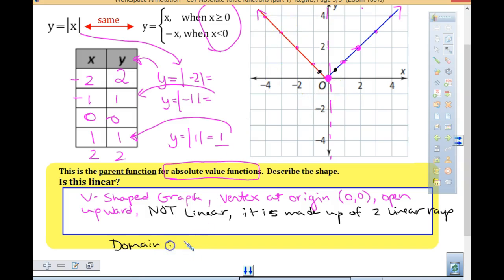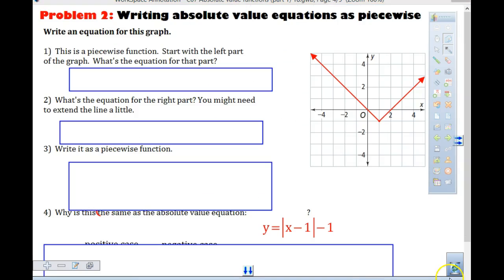So our domain, our x values, all real numbers, right? What's our range? Where y is greater than or equal to 0 for this one, right? It doesn't go below this 0. There's no -1 for my y values, okay? That's going to keep coming up as we look at these, okay?